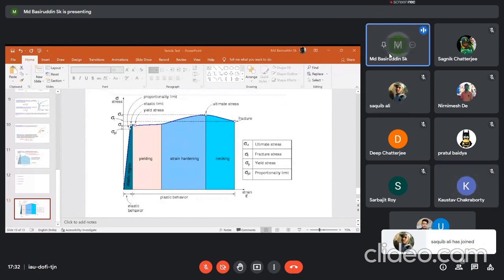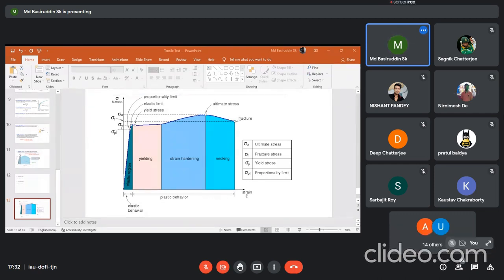The question is, we are talking about the material's property. That means our interest is the material property, right? We are trying to find out the tensile property from stress to strain. And during testing, we are always focusing on where the material starts to yield, where the ultimate tensile stress level is reached.